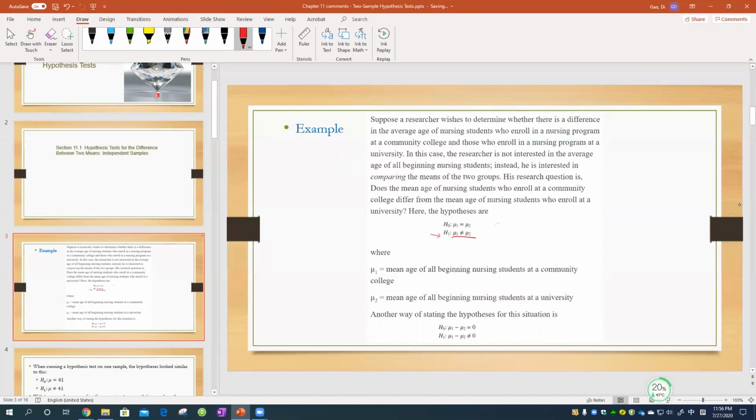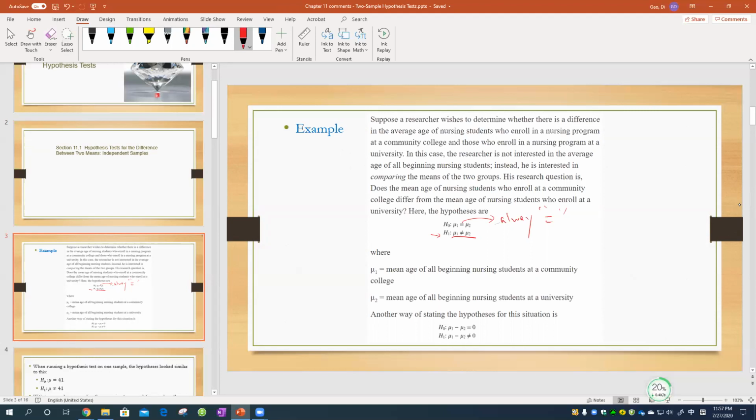And then the null hypothesis is mu1 equals mu2. So always include an equal sign in the null hypothesis. As mentioned, mu1 is the mean age of all beginning nursing students at a community college, mean means average, and mu2 is the mean age of all beginning nursing students at the university.